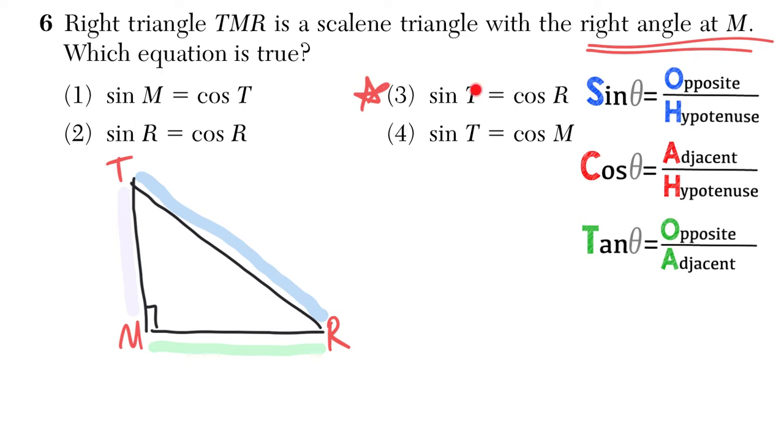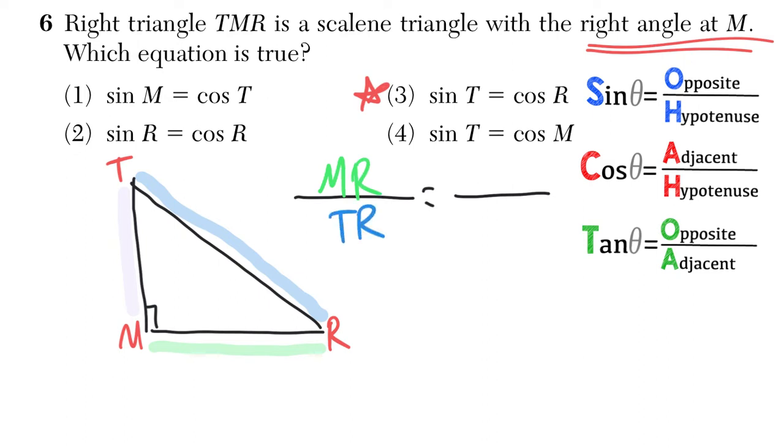I know that if it's the sine of T, sine is going to be opposite over hypotenuse. So if we're sitting right here, let's set up this equation. Sine of T is going to be opposite over hypotenuse. So it's going to be green over blue, so it's going to be MR over TR.